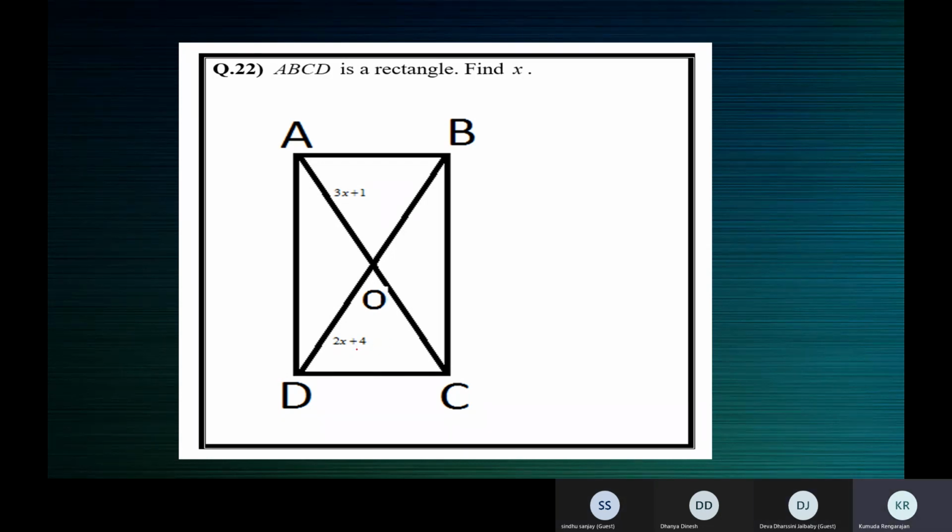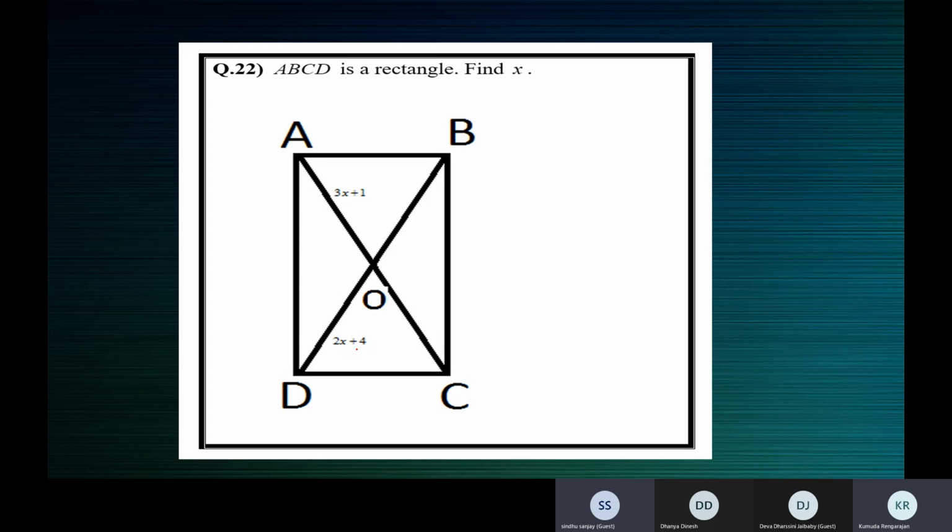Very good. Found x? Yes, ma'am. What's the value? 10, ma'am.